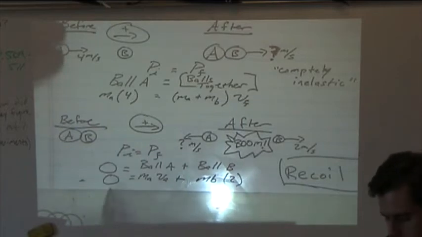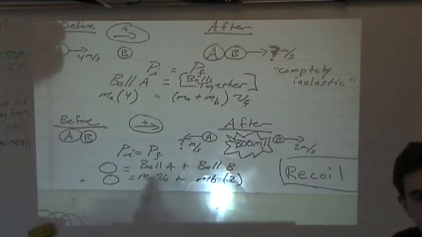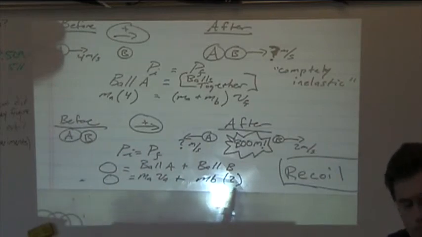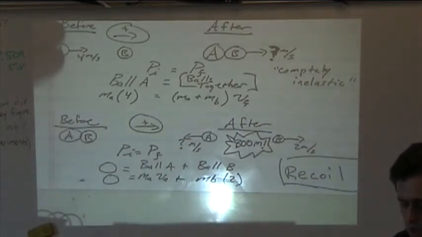So in a recoil situation, your starting momentum is 0. And what happens is these two momenta wind up being equal but opposite. Now, depending on the masses and velocities, the exact masses and velocities may be different, but the total momentum of A and the total momentum of B, that's what's equal and opposite in that situation.